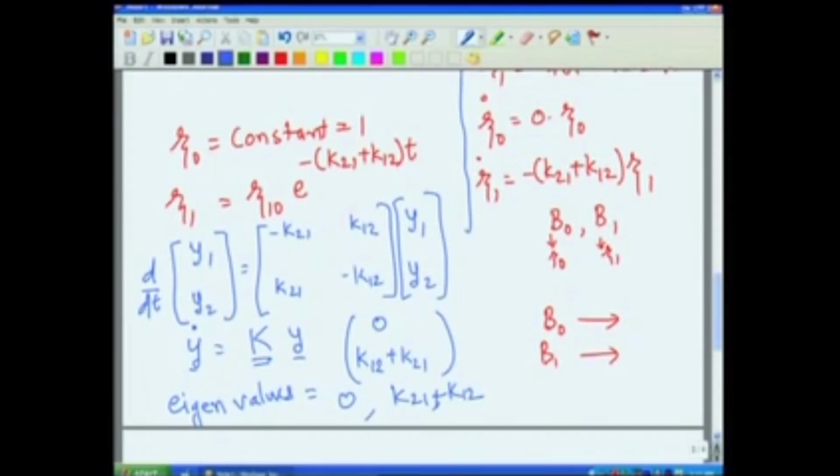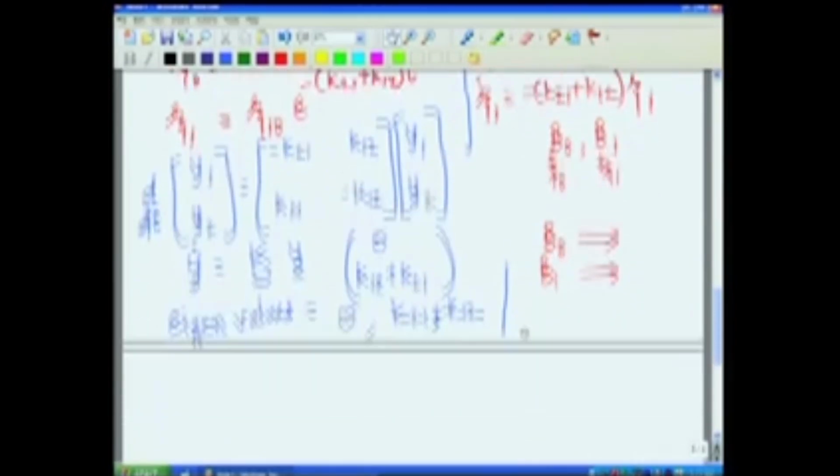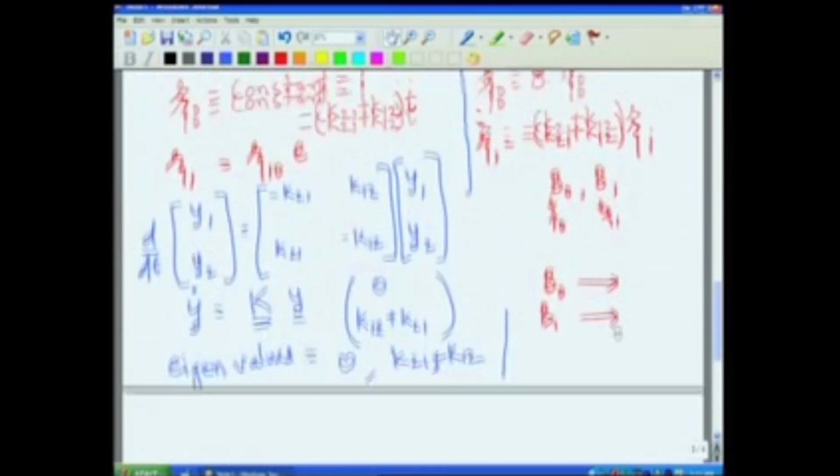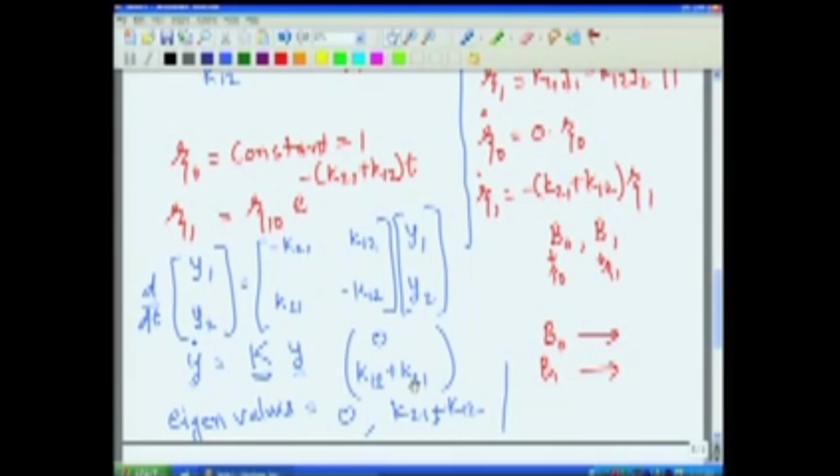Okay. So, now let us see what happens. These are my eigenvalues for y dot equal to k y, and these eigenvalues over here are nothing but the rate constants of this hypothetical species.